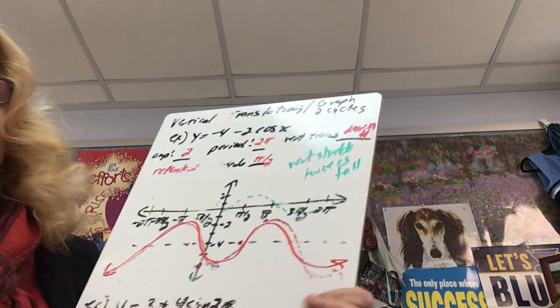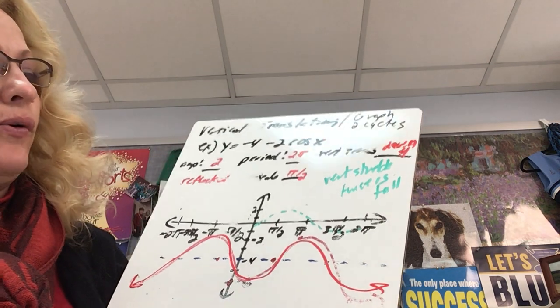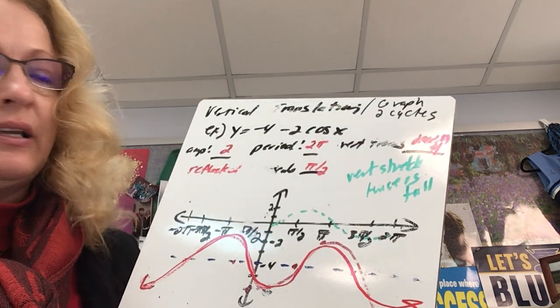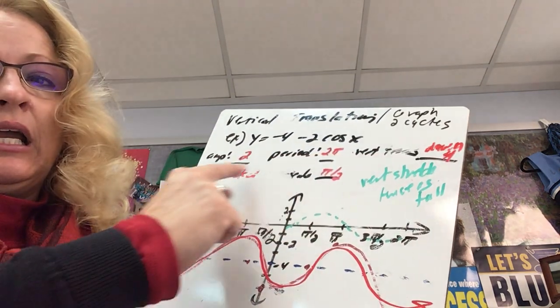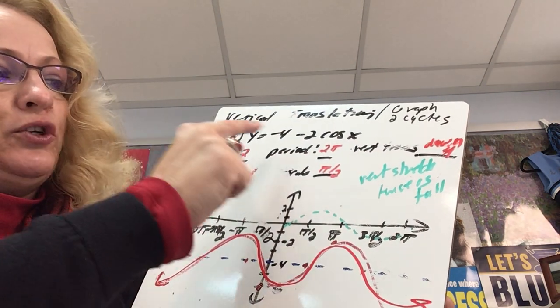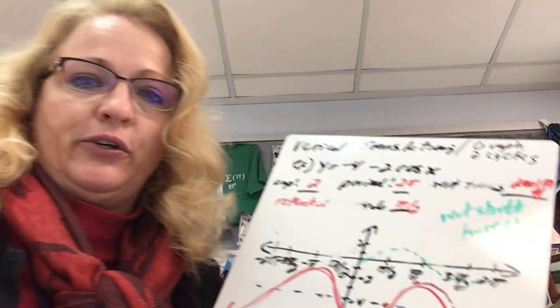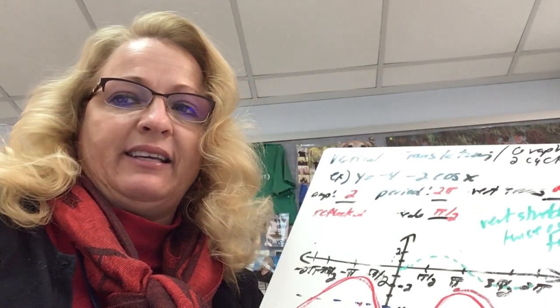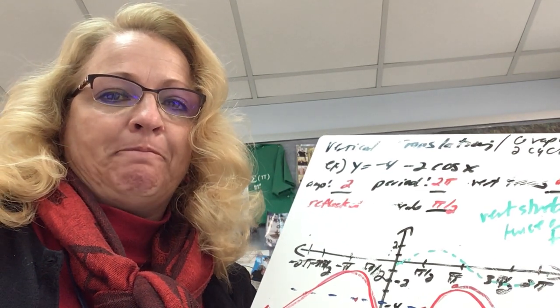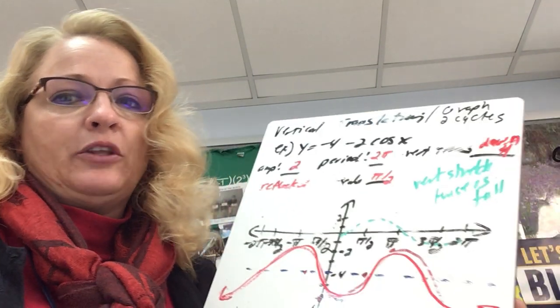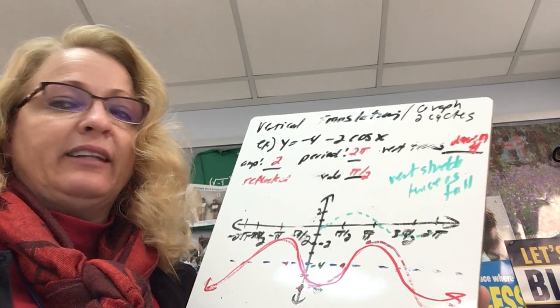Our first equation is y equals -4 minus 2 cosine x. So I always write out the changes in amplitude, period, vertical translation. If you're using the template, you may see phase shift there, and phase shift is something that we are going to do, and you can guess that's going to be moving it left or right.